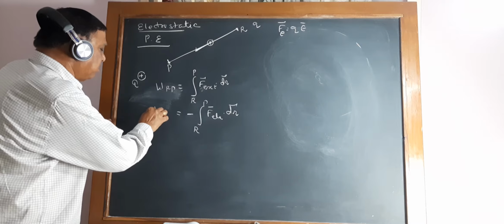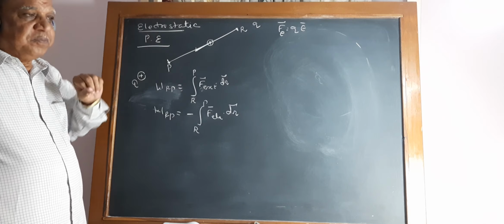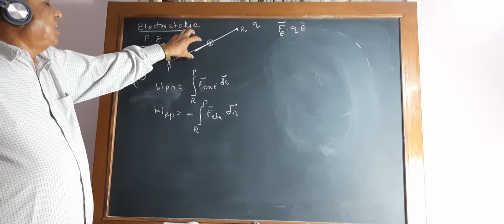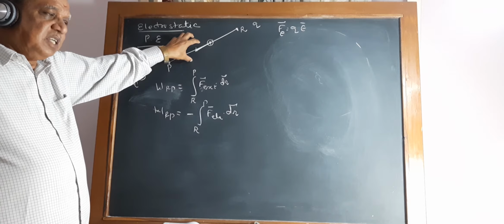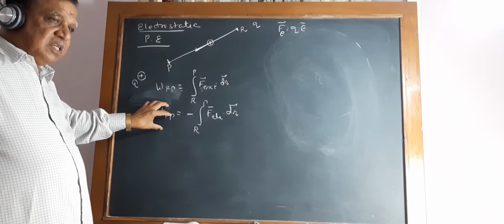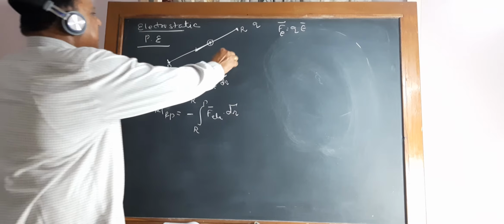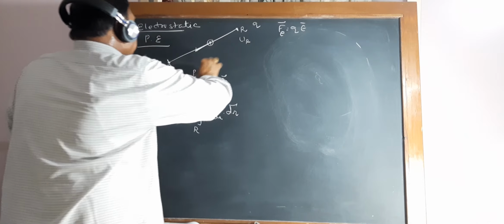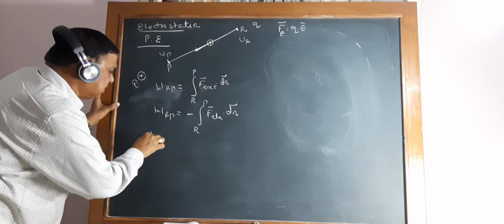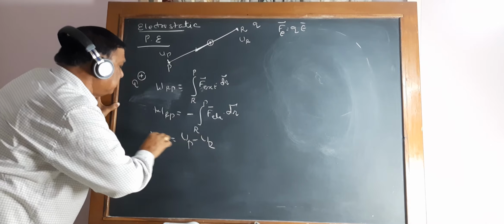Now this work done on the test charge q is already stored as potential energy. So we can say this is nothing but potential energy from R to P. If potential energy at this point is UR and here UP, then this work can be written as WRP equal to UP minus UR.